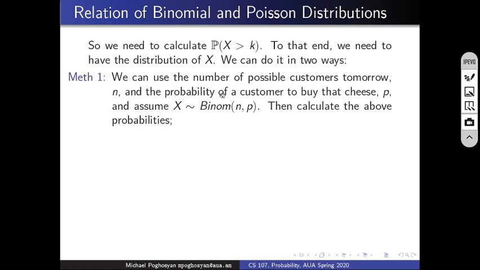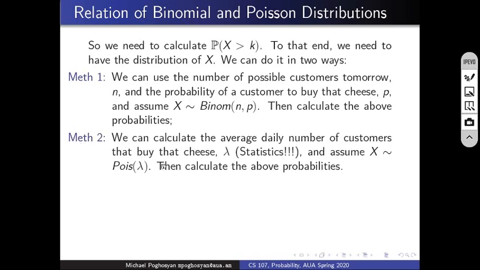We also need the probability that a customer will buy a cheese, P. Again, we can do this by using statistics. Then we can model the number of customers that will buy cheese tomorrow by a binomial distribution, and having this distribution, we can calculate this probability.